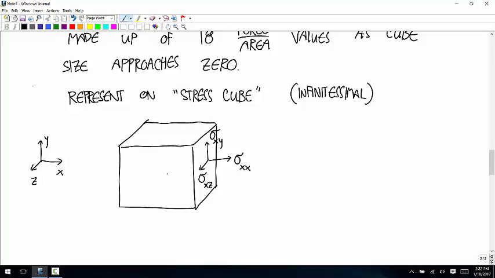So, okay, this is the positive z face, because the positive z-axis is pointing out of it. And so here we have sigma zx, sigma zy, and sigma zz.